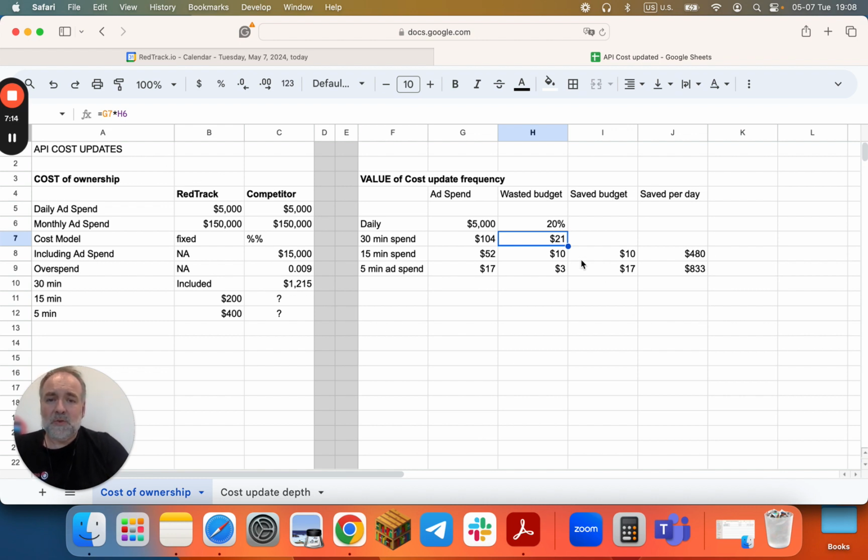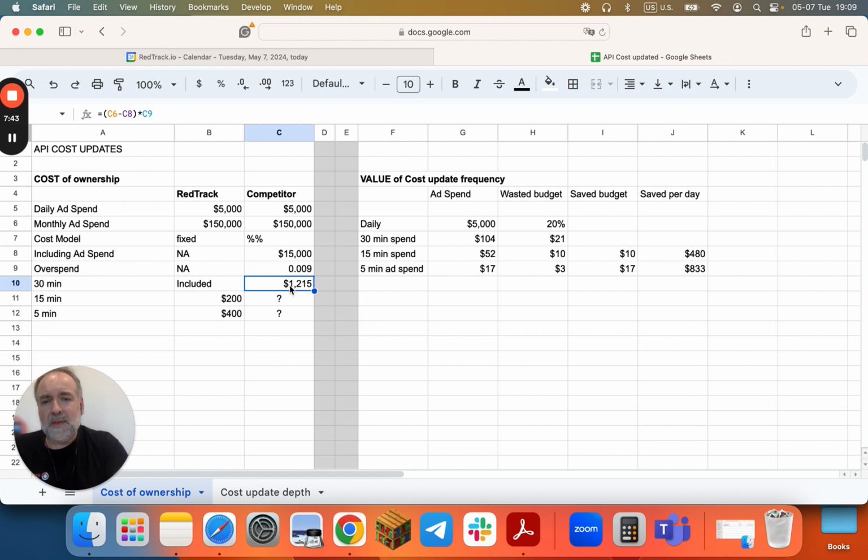So these are the two models. Very important: cost updates, API, any solutions in SaaS subscriptions and all those tools should be fixed price. Of course, you'll see a lot of percentages because that's an easy way to get more money for the tracker. And for some outdated tools with very complex, not really robust solutions, they may be justified.